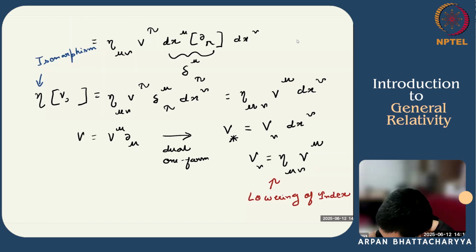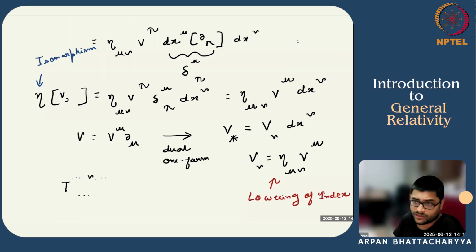You can generalize it for an arbitrary rank tensor. Let's take an arbitrary rank tensor which has some upper indices, including a mu here, and it will have some lower indices also. Contract it with eta_{mu nu}, and then this mu will go downward to the corresponding position.